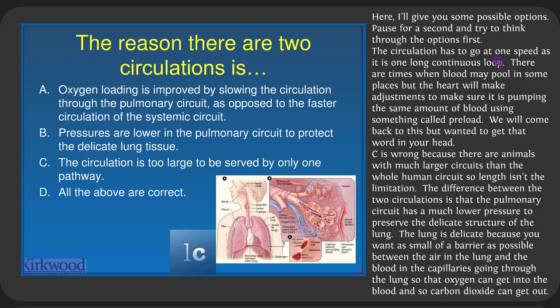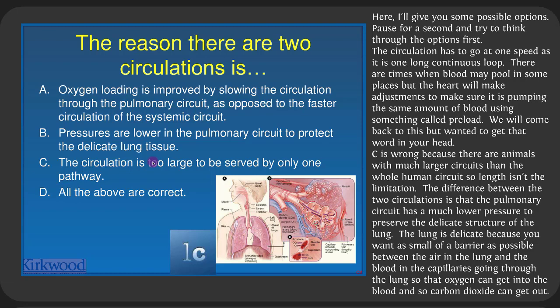We'll come back to this thing called preload, but at this point I just wanted to get that word into your head so you know that you've heard it twice when we bring it back again. C is wrong because there are animals with much larger circuits than the whole human circuit, so length isn't really the limitation. The difference between the two circulations is that the pulmonary circuit has a much lower pressure to preserve the delicate structure of the lung.